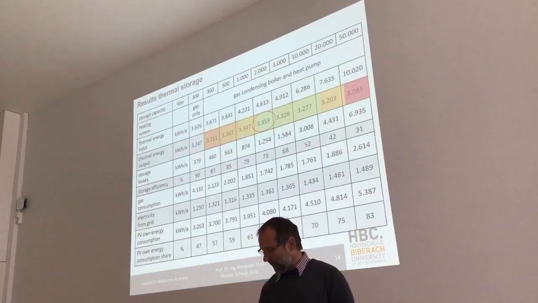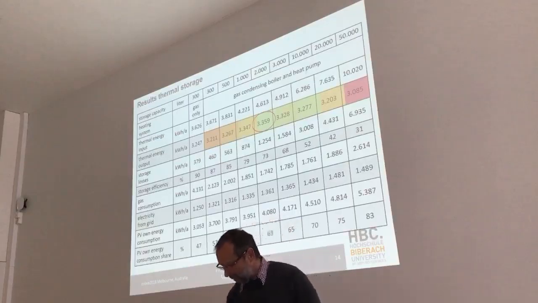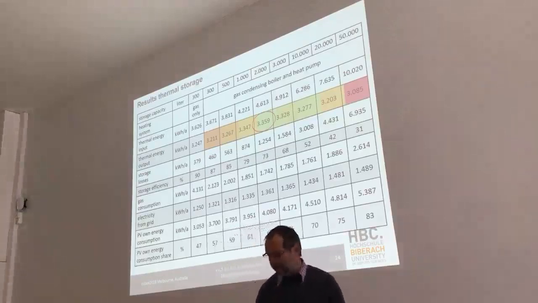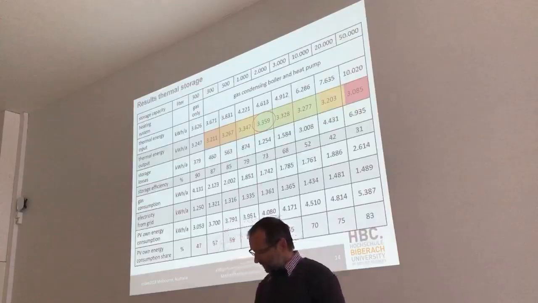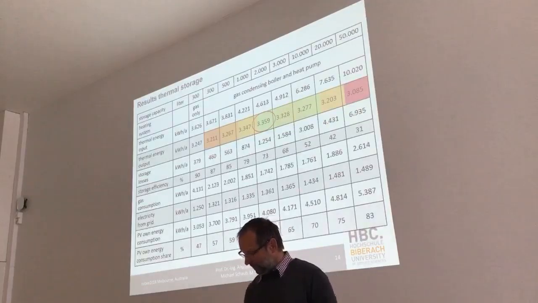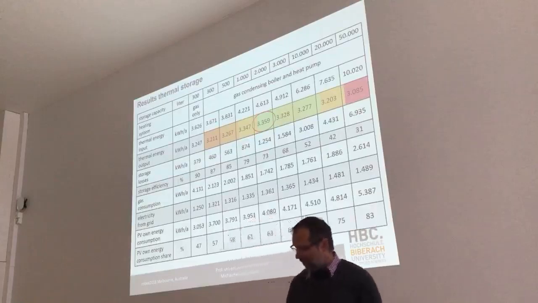So storage tanks larger than 2,000 liters do not act as a storage tank only, but also as an additional consumer. Further, the large storage capacities cannot be fully utilized as they are not completely charged during summer. This is due to the limited capacity of the heat pump.